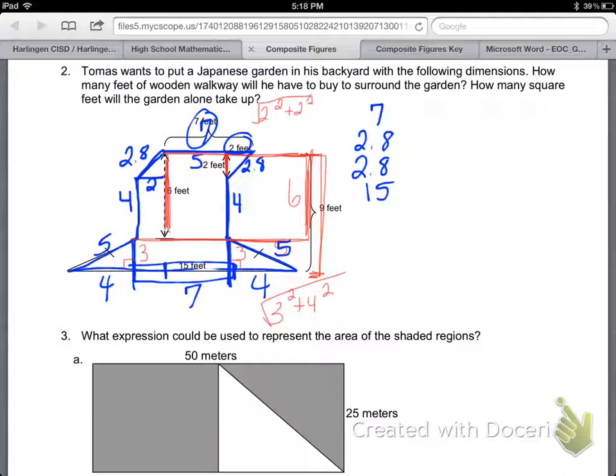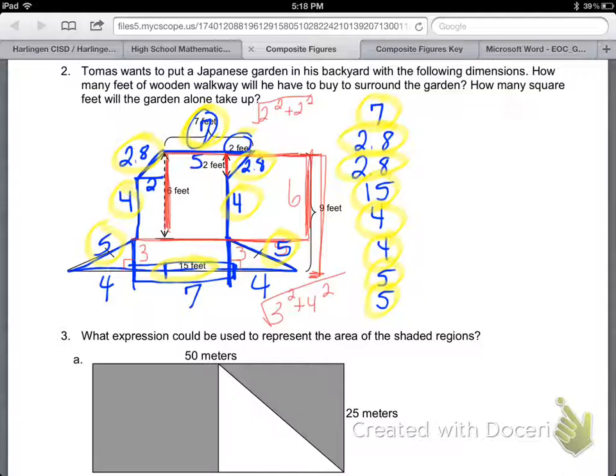So we added 7, we did both 2.8s. Let me see. 7, 7, 2.8, 2.8, 2.8, 2.8. Now I need both 4s. This 15 is all at the bottom. Now we just need both 5s. 5 and 5.